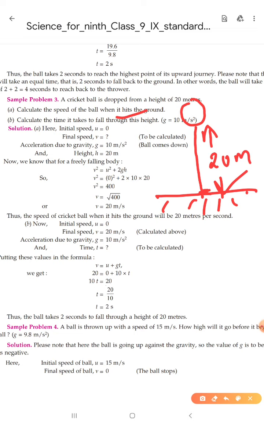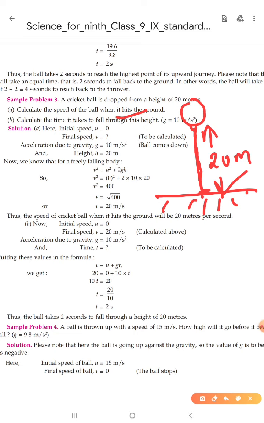Let me tell you one thing very clearly. When this ball is dropped from some height, its velocity is regularly increasing. From this point the speed of this object regularly increases. You should know this, because the acceleration due to gravity is 9.8 meter per second square.